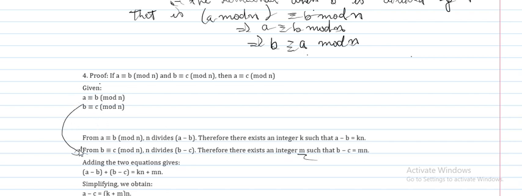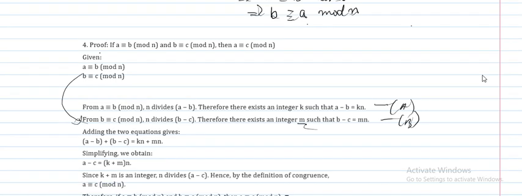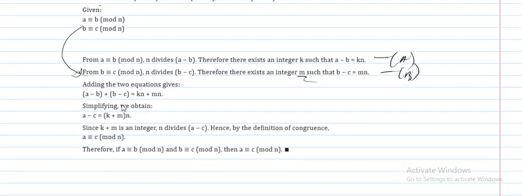So adding these two equations, let me consider this is equation A and this is equation B. So adding these two equations, a minus b plus b minus c is equal to kn plus mn. And by simplifying, we cancel these two and we get a minus c is equal to (k plus m) n.